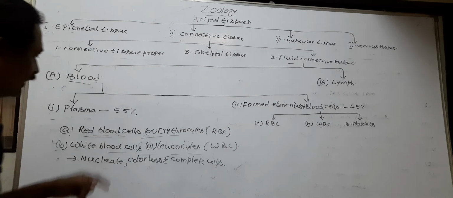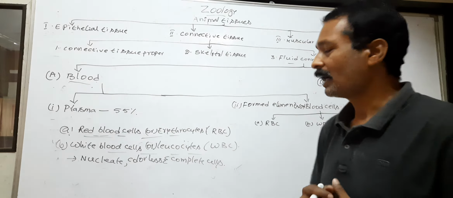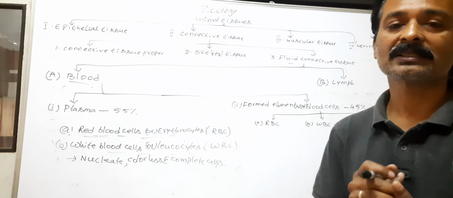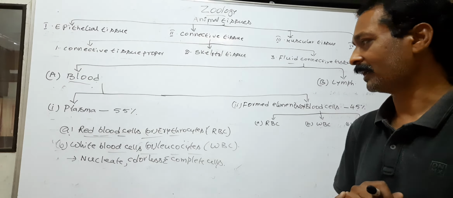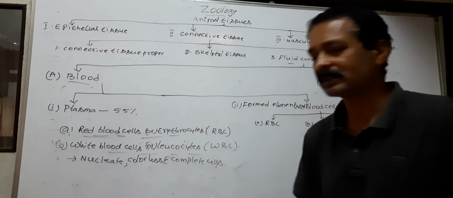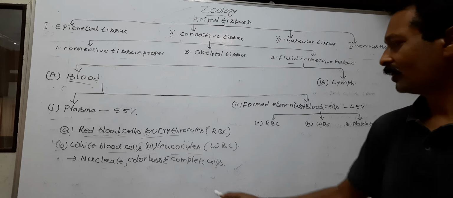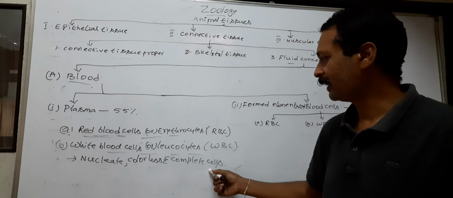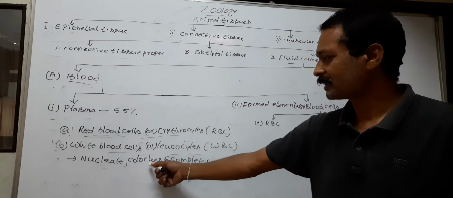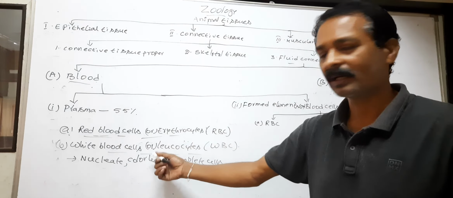Here, RBC of man are incomplete cells due to absence of nucleus and some other cell organelles. But white blood cells contain nucleus and cell organelles. So WBC are complete cells. Due to absence of hemoglobin, they appear white in color or colorless.